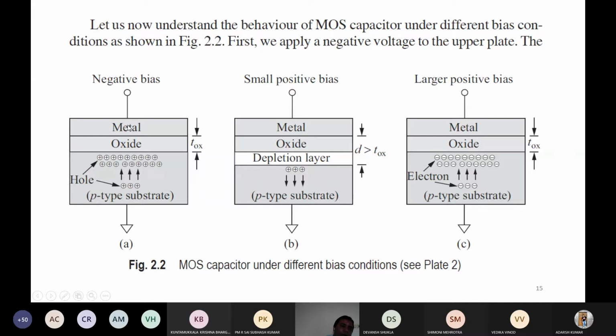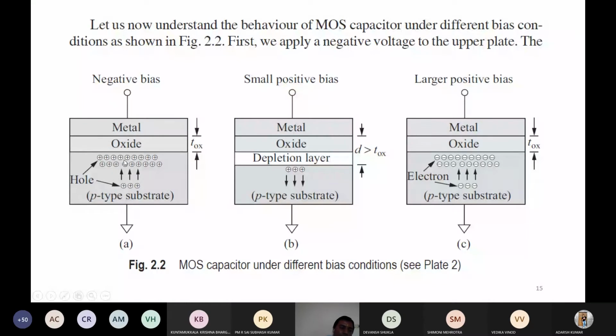If negative bias is applied, electrons will be repelled, but holes will be attracted. So the holes will come very close. Many holes are there, and they will accumulate here near the oxide and semiconductor interface. The plate is negatively charged, and the semiconductor is also acting as a plate, so some positive charges will accumulate underneath the oxide.